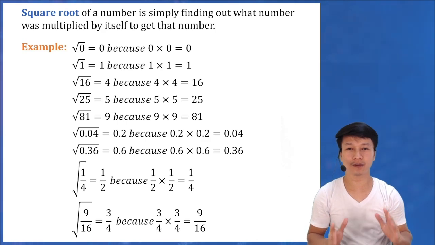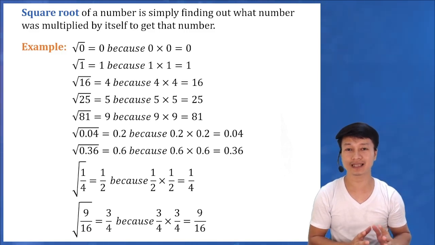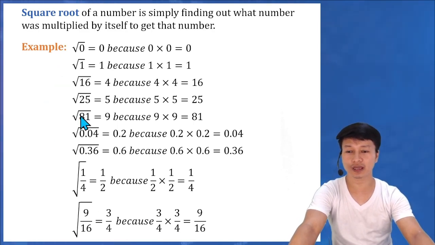So if you are familiar with perfect square numbers, then you can easily identify the square root of a perfect square number. So just like this, we know that 81 is a perfect square number because 81 is the product of multiplying 9 by itself. And so we can say that the square root of 81 is 9.